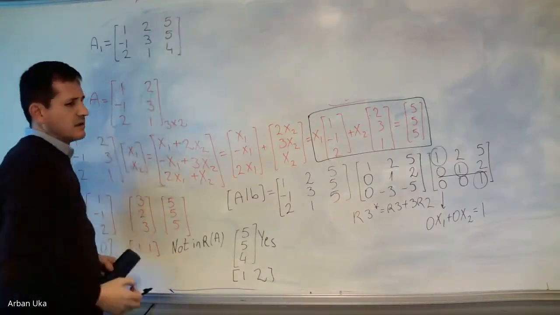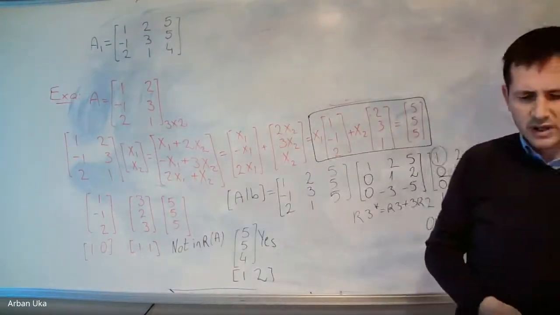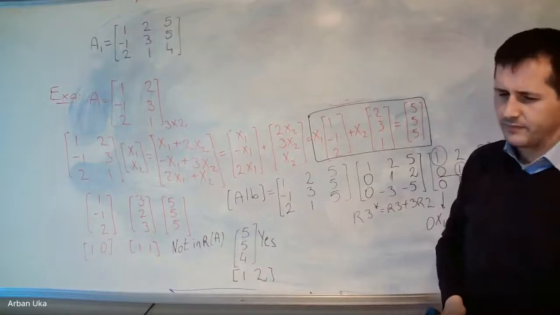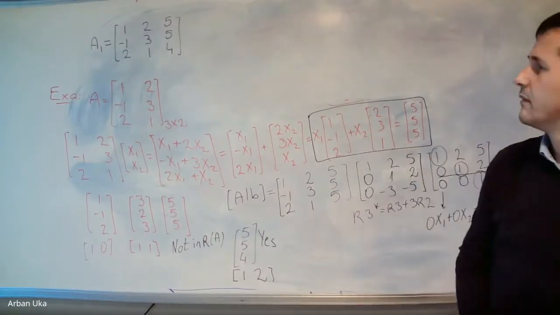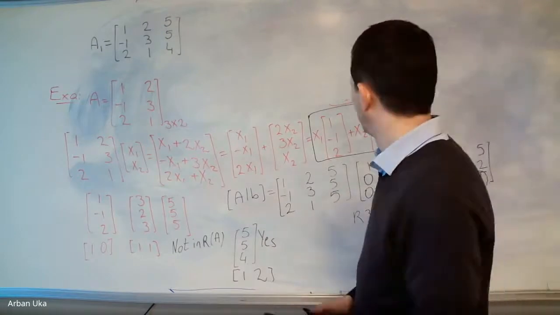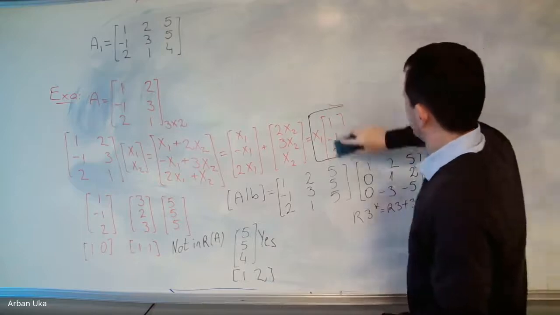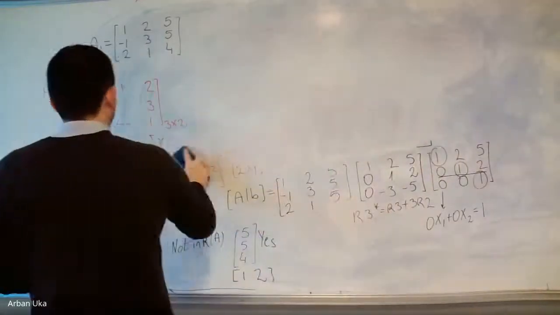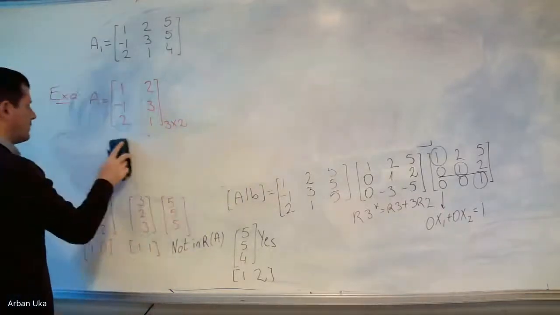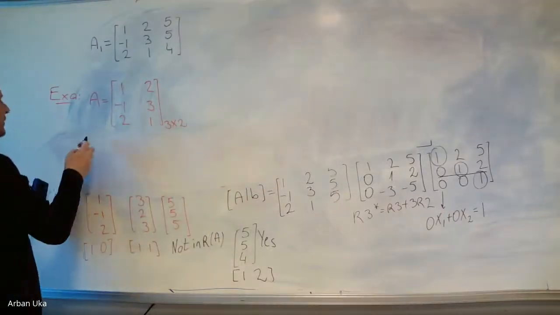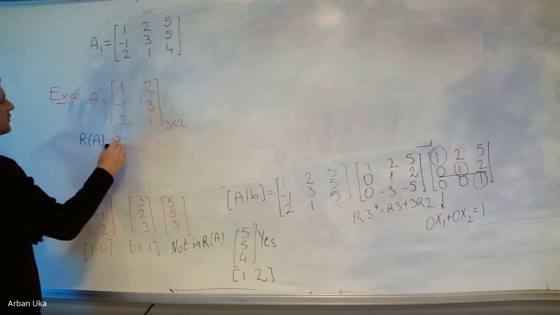How does the range of A1 compare with the range of A? So we're asking this question. How do you compare the range of A with the range of A1?